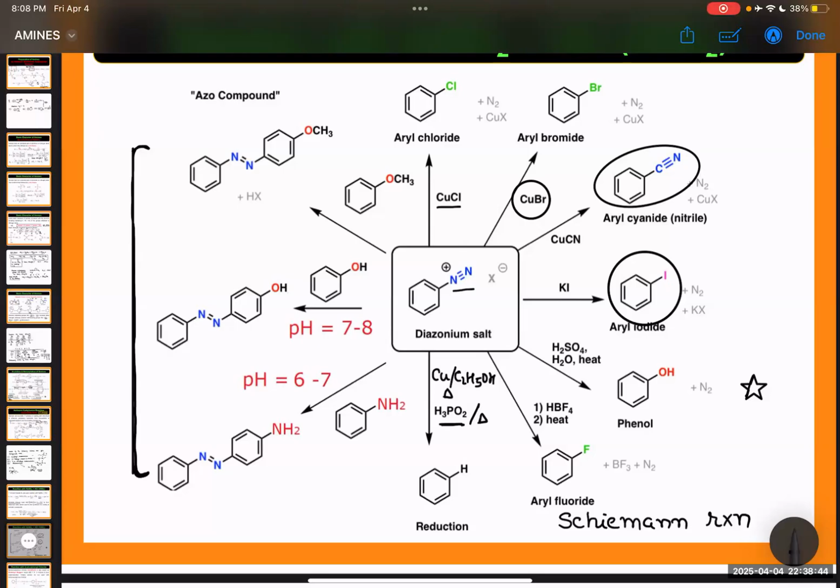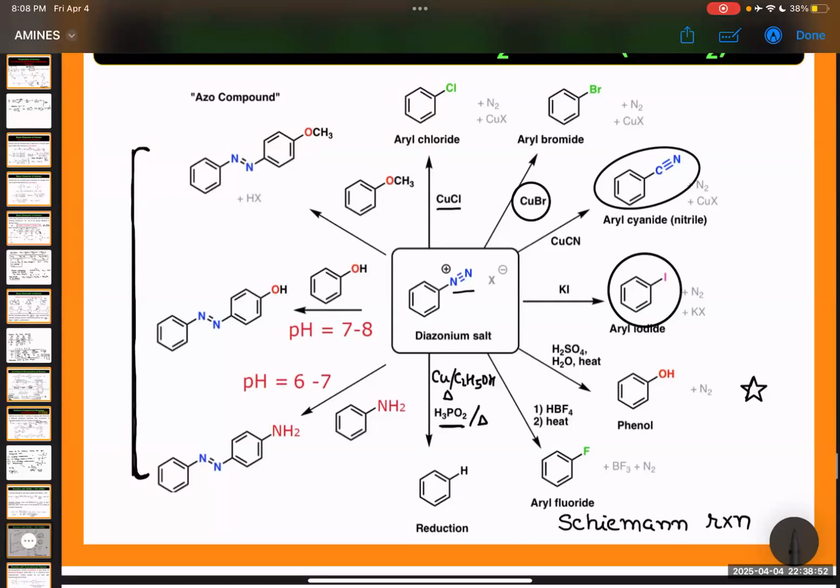These are known as diazo coupling reactions, because coupling is taking place. In this, you don't remove the N2. This molecule as such will go and get attached to the phenol or aniline at the para position.